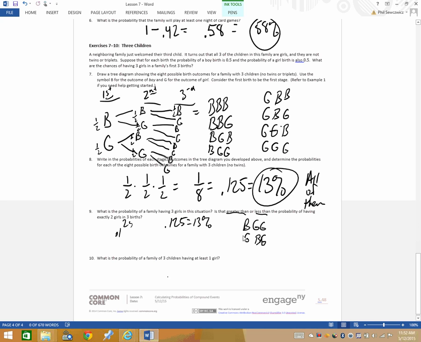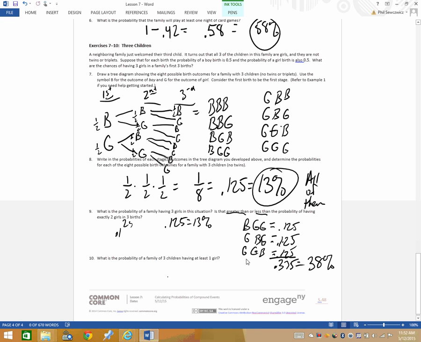And then girl, girl, and then a boy. Each of those we knew was 0.125. The idea here is we could have this or this or this, so we should be adding them together. So 0.375, about 38%. Again, we multiply to find the individual probabilities, but then we add because this could happen or this could happen or this could end up happening.